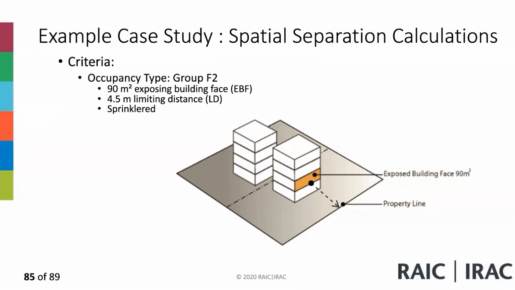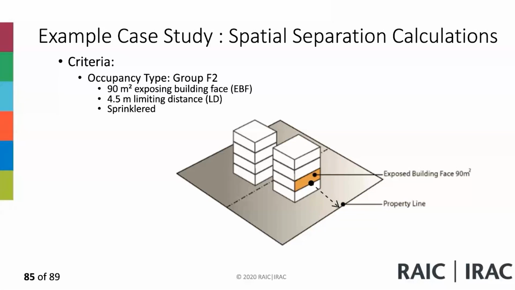I have a question about the ratio of the unprotected openings. If there's a mix of ratios in that face, do you just take the most conservative approach? Yeah, if it's one exterior wall, then you need to decide, do I have different fire compartments?